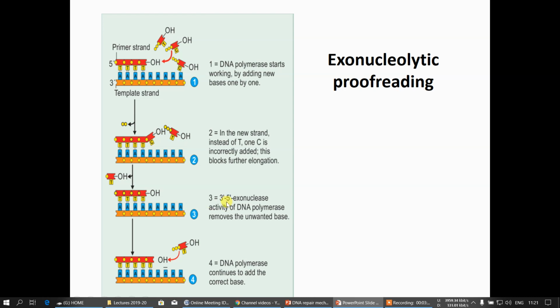So third, the 3' to 5' exonuclease activity of the DNA polymerase enzyme removes this mismatched cytosine, and after that the DNA polymerase again adds the actual complementary base, thymine, opposite to adenine.